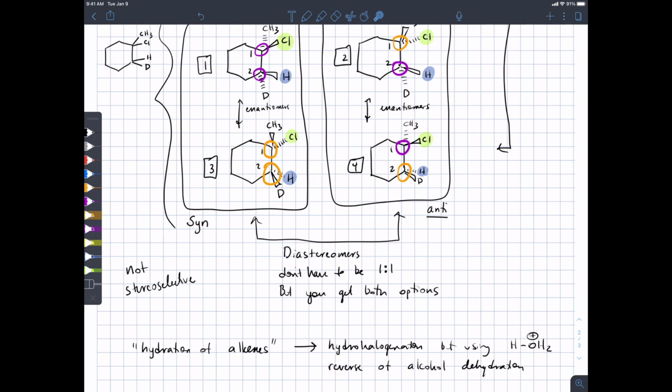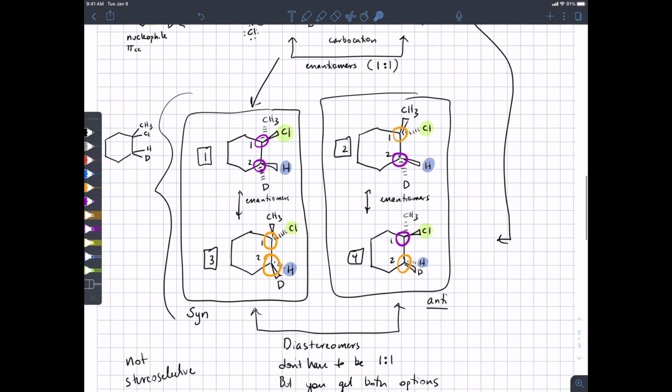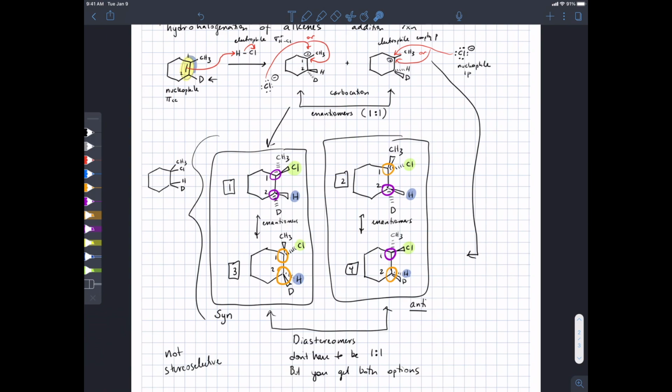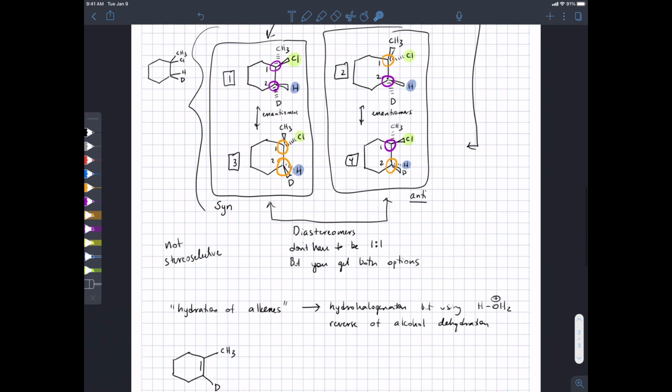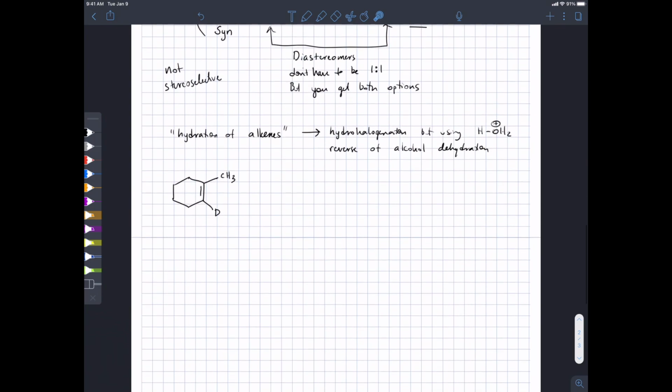And once you have the chloride add to the carbocation, I don't think going back up the hill is very easy. So there are possibly issues that you could use to reason through this, but I'm not going to ask you to choose for this reaction whether you think the syn or the anti-diastereomers should dominate. Okay, others?